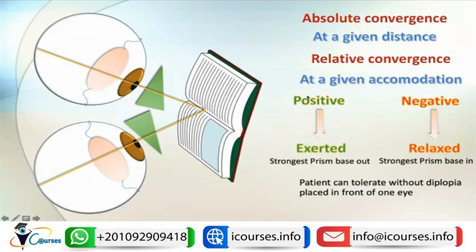If the eyes have reached the maximum relative negative convergence, they will not tolerate this more deviation, so it will cause diplopia. To summarize, the positive relative convergence is the strongest base out prism placed in front of the patient's eye without diplopia, while the negative relative convergence is the strongest base in prism that can be placed in front of one eye without suffering from any diplopia.